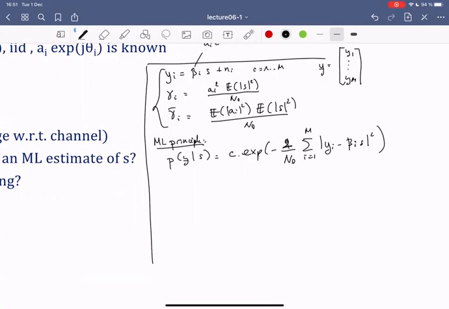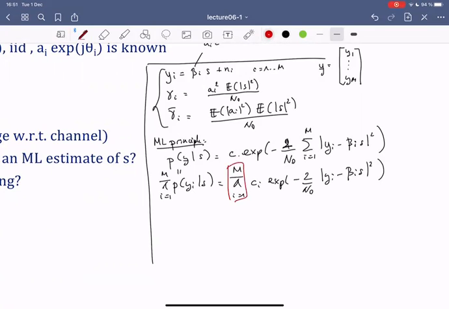So this is also equal to the product i from 1 to m of p of yi given s, which is the product i from 1 to m of some constant ci times exponential minus 2 over N naught yi minus beta i s squared, and then I can bring this product inside of here, and this leads to a sum.